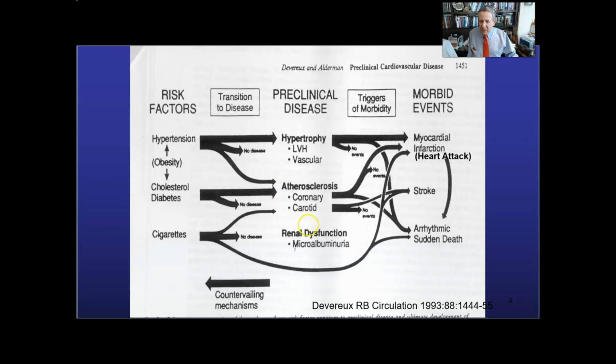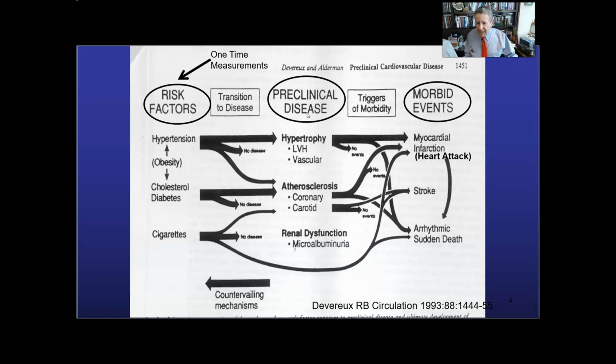It was many years ago when Dick Devereux published this concept that while we start with risk factors, again, the one-time measurements, we're trying to prevent morbid events, and invariably we go through this period of preclinical disease.